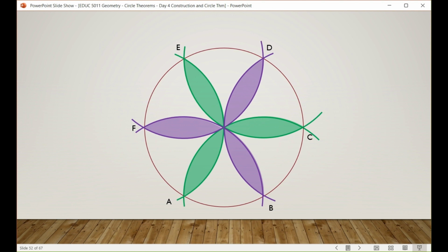And if we think about that, that means that 360 degrees divided by 6 will give us 60 degrees. So from A to B, that's 60 degrees. If we draw a line through the center to A and through the center to B, that is 60 degrees, and it's repeated 6 times. Now that we look at that, we can think about the idea of having a protractor, because that is actually what we're doing.